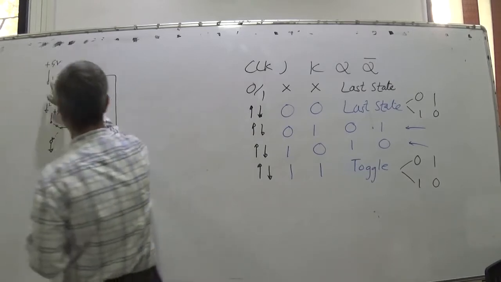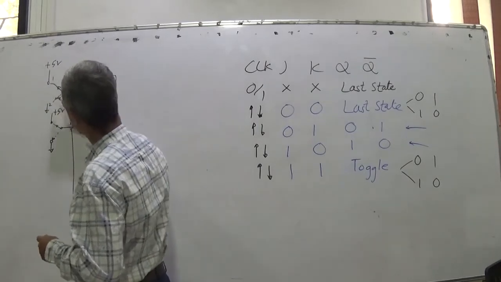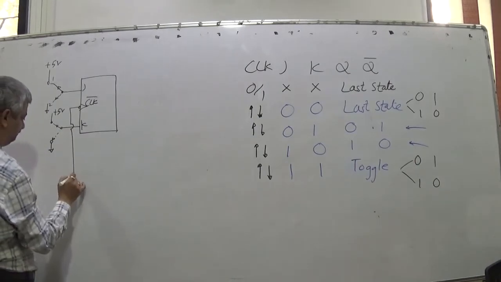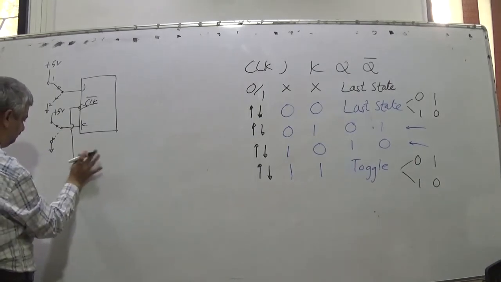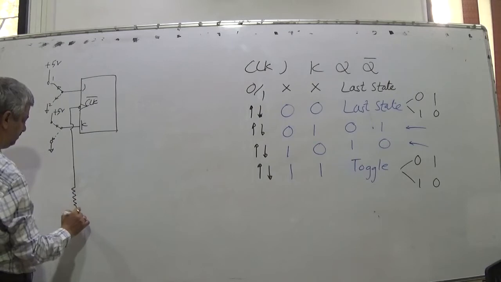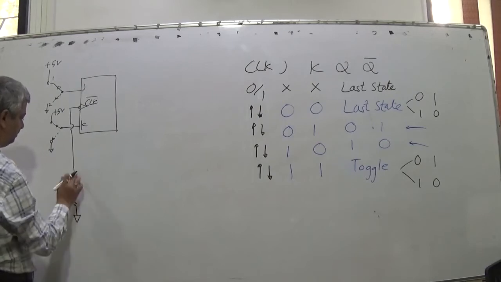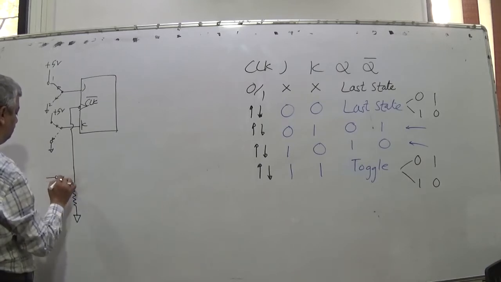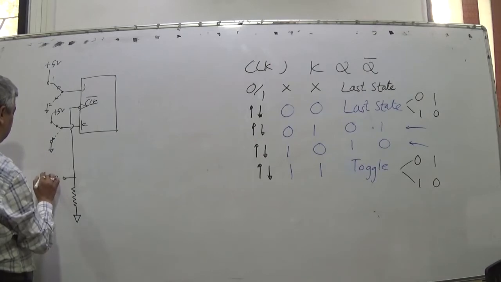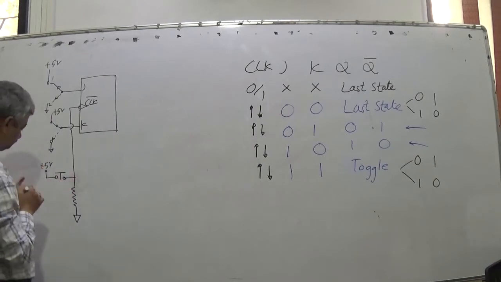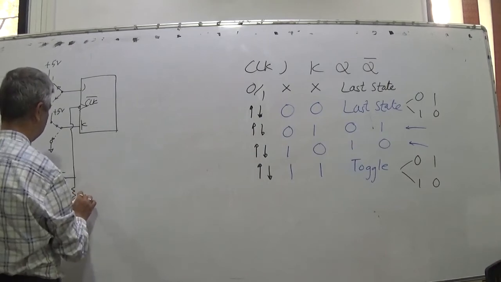So if I put this switch here, J will be 1. If I put this switch here, J will be 0. Whereas for this, this I will ground, and here it is through a 5K resistor, it is grounded, pull down.